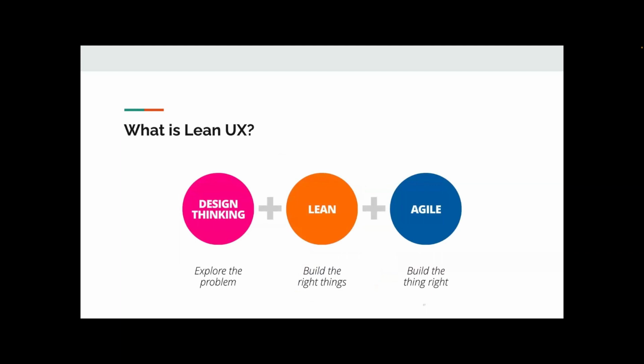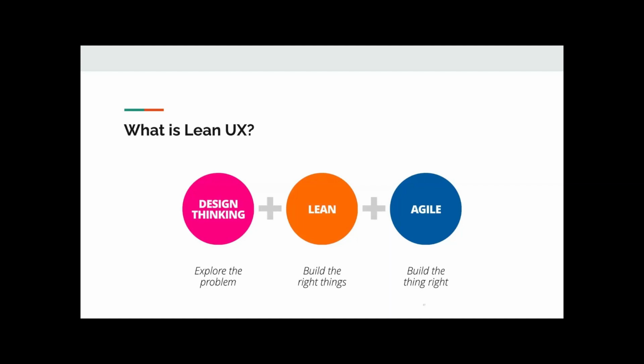So what is design thinking? It's basically when you think about designing any system, you think about exploring the problem and identifying what is the problem that we are trying to solve, right? We always think from the customer perspective, from the user experience perspective. Most of the SaaS-based products, most of the internet-based products are something that people use every day, right?